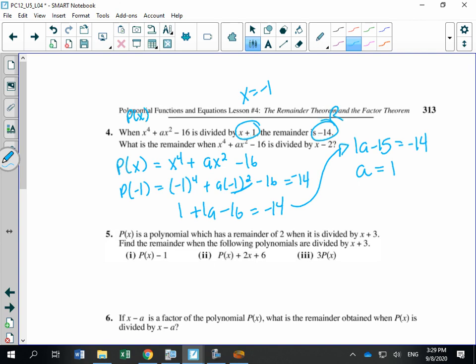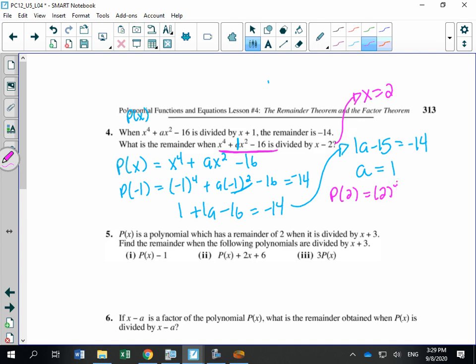So now I know what a is equal to. So I'm going to go up here. And they tell me that a is 1. Okay, so now they want to know, well, what's the remainder of this polynomial when it's divided by x minus 2? So x minus 2, you have to say, what's your a value or what's your root? Your root is x is equal to 2. So now p of 2 is equal to, into this polynomial, we're going to put a 2 in whenever we see an x.